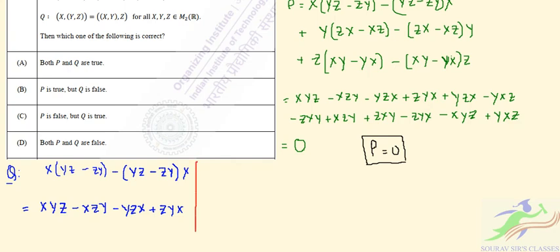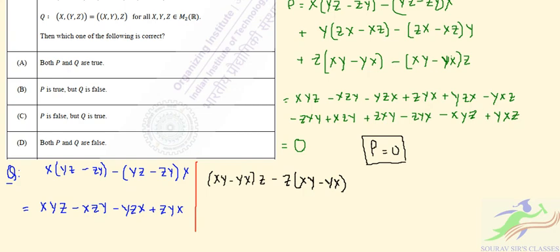Now on the right hand part, we have (xy minus yx)z minus z(xy minus yx).